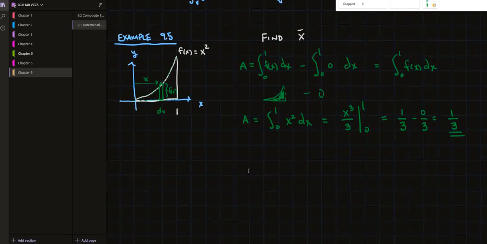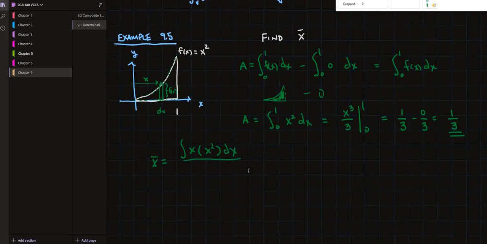So if we want to solve for x bar, we have to throw this into the formula. So now I'm going to multiply in here by x, because that's the distance x tilde there, of essentially x squared dx.